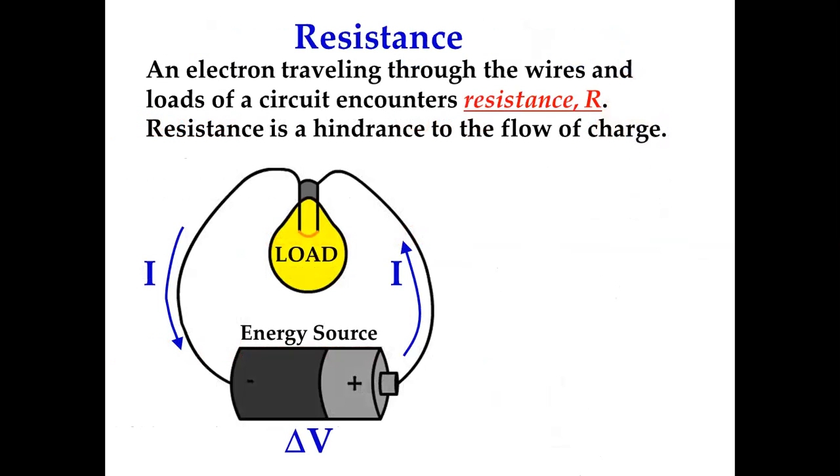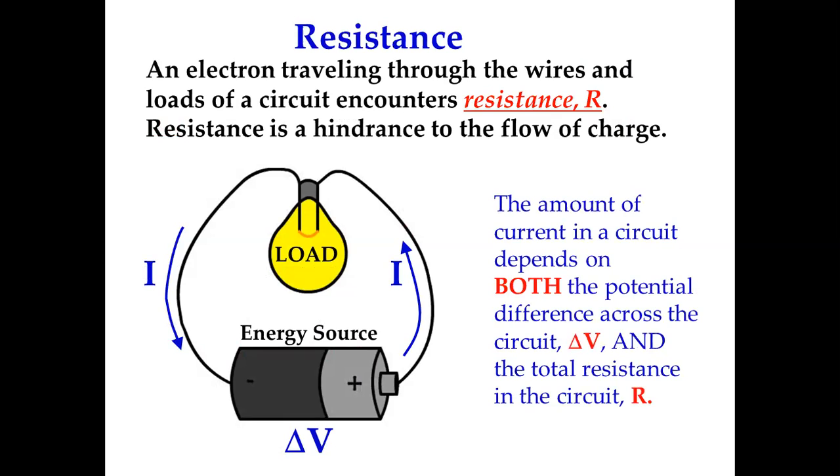Okay, resistance. An electron traveling through the wires and loads of a circuit encounters resistance. Resistance is a hindrance to the flow of charge. It means it is a hurdle in the pathway of the current flowing. It actually slows down the current, or sometimes it also stops it.